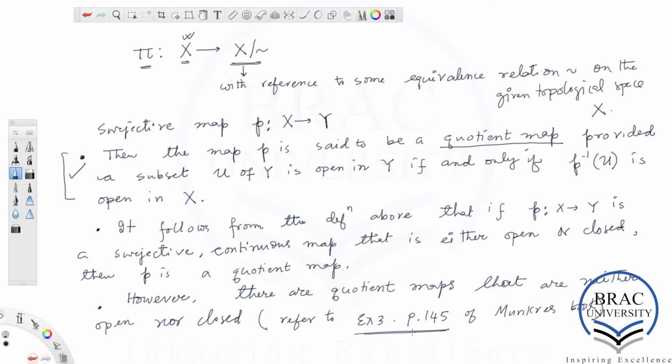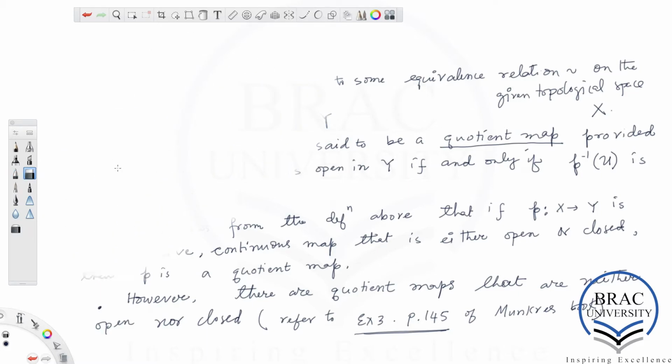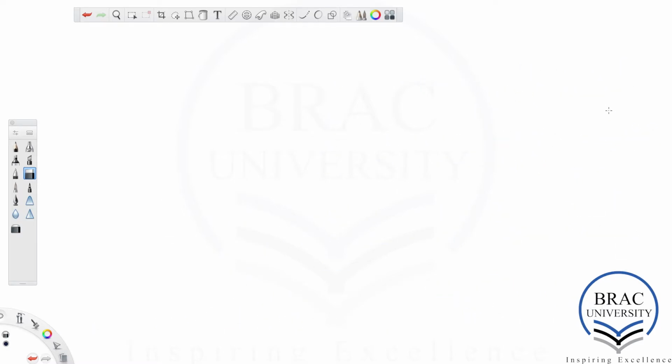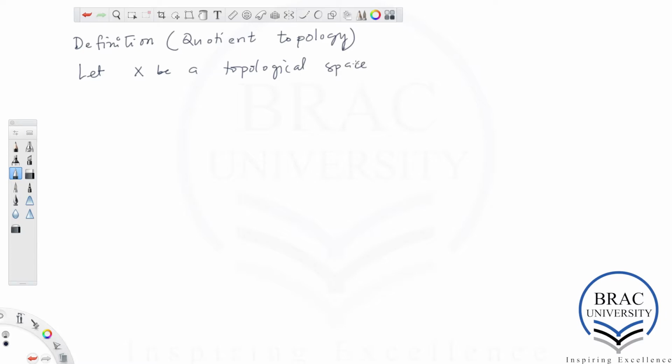Okay, good. Now we give the definition of quotient topology in this new flavor. Definition, quotient topology. Let X be a topological space, and A is simply a set.